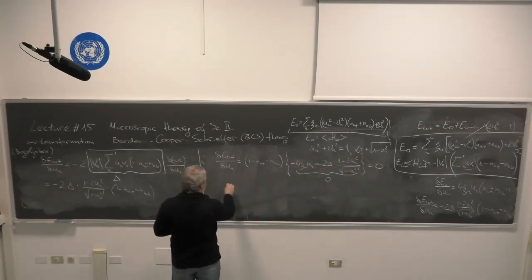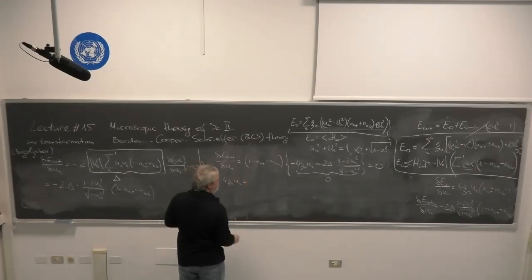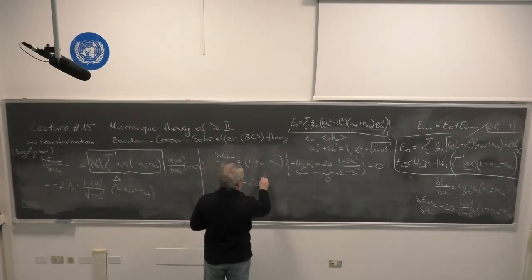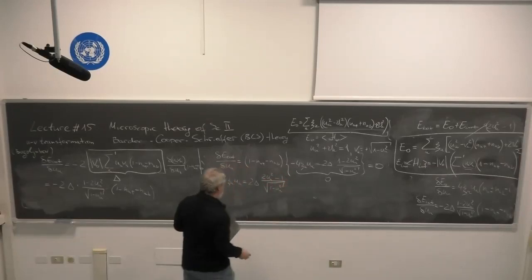So I have the equation 4 ξ_k u_k is equal to Δ times (2 u_k squared minus 1) divided by the square root of 1 minus u_k squared.